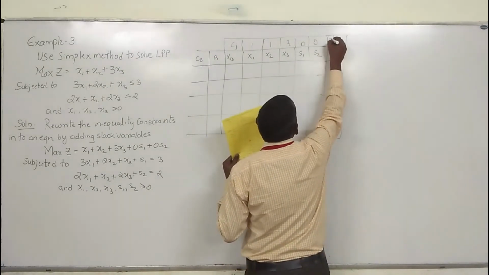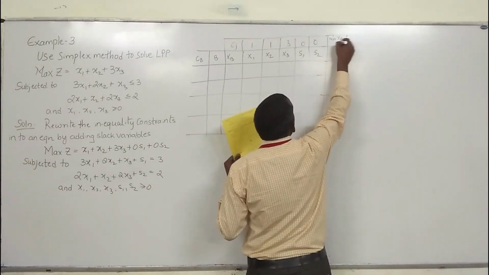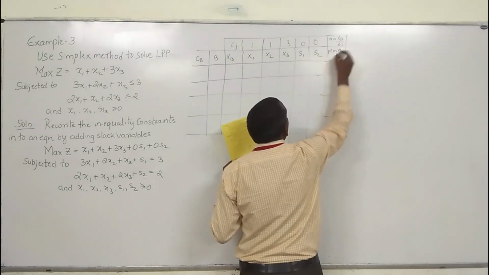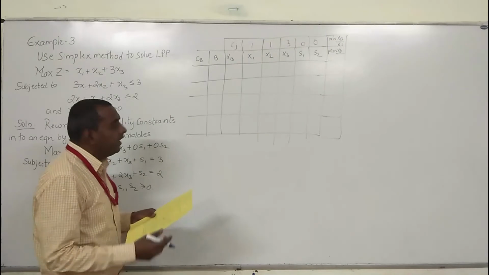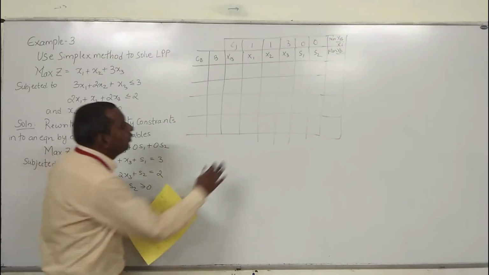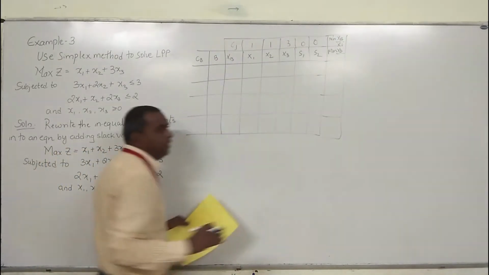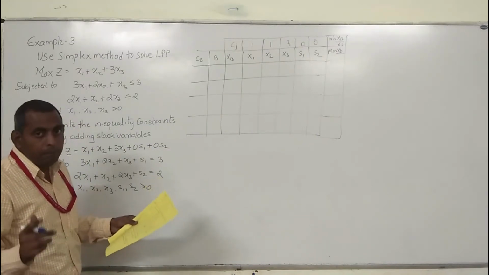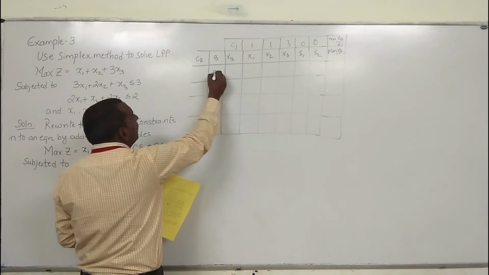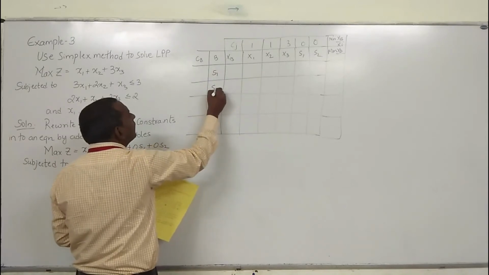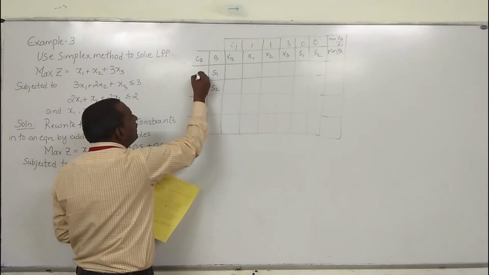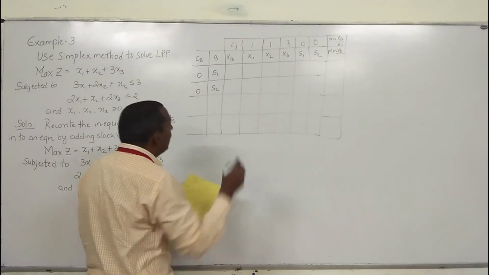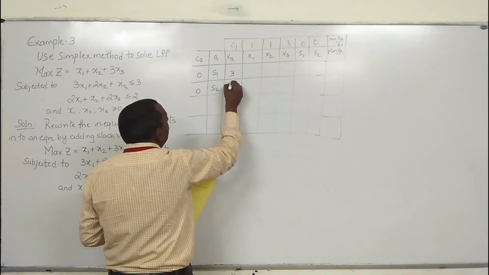Fine. So this is the first simplex table where, let me write all the values. Writing values is also very tricky here. So what are B? B means bases. S1 and S2 are the bases and their coefficients are 0 here. Then what is XB here? XB is 3 and 2.